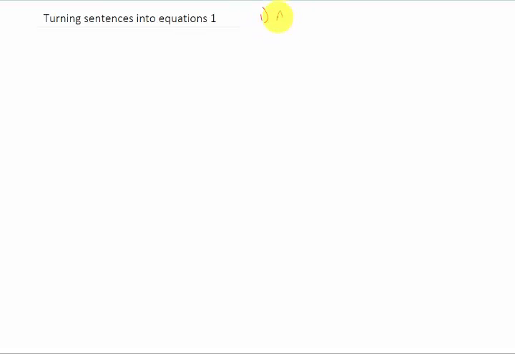So how do you do that? First of all, you assign variables, so letters, meaningful letters, to the different values you're interested in.